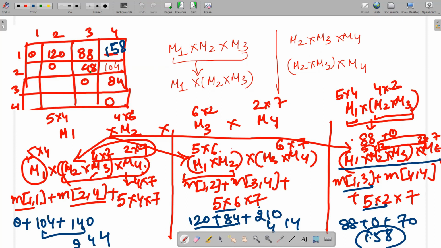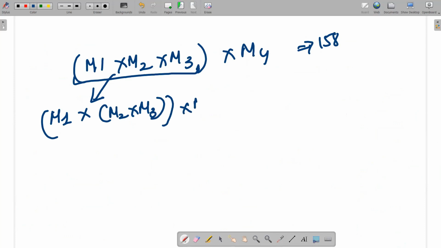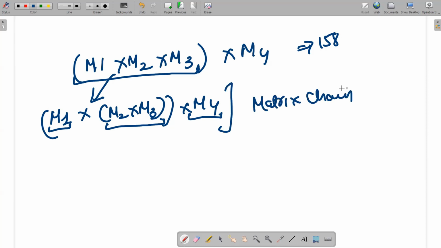Because this answer is calculated as M1 multiplied with M2, M3. So this is the chain and this is the answer. So this chain is calculated. This chain is calculated. This M4 is calculated. This is the correct matrix chain to multiply where the cost would be minimum.